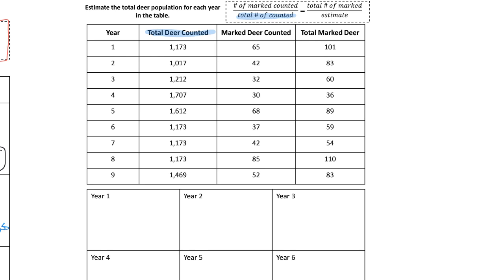It tells us of the counted, how many were marked, which is in the numerator. And then it tells us how many deer before were marked and released. So then all we need to do is find the estimate. We're really just setting up proportions all the same way.